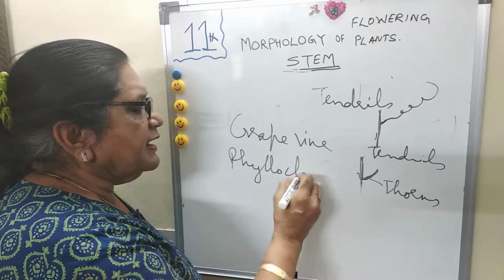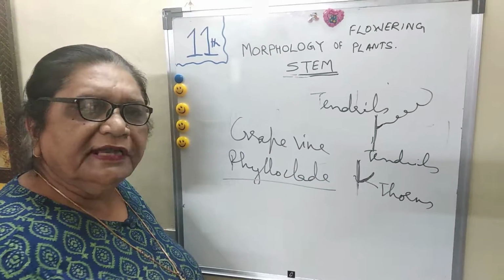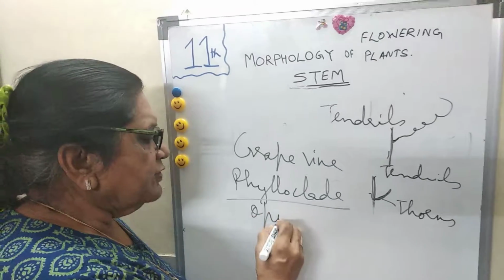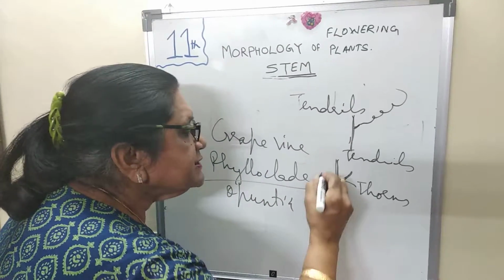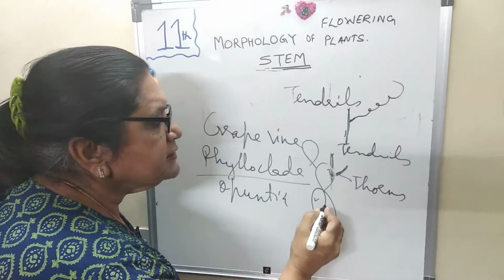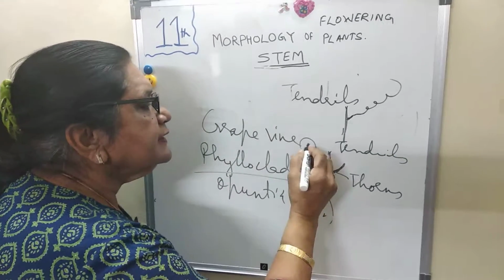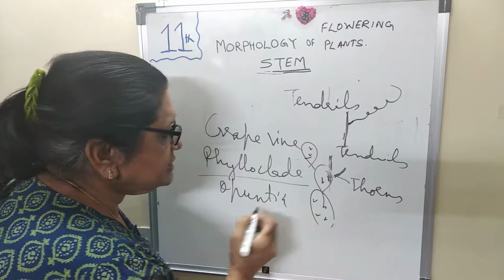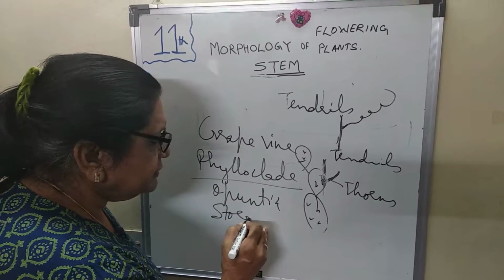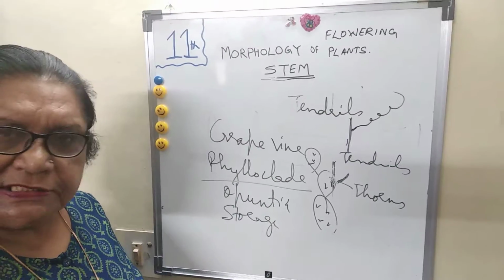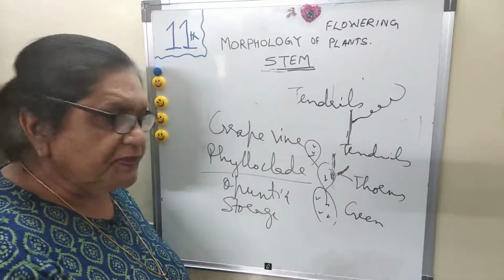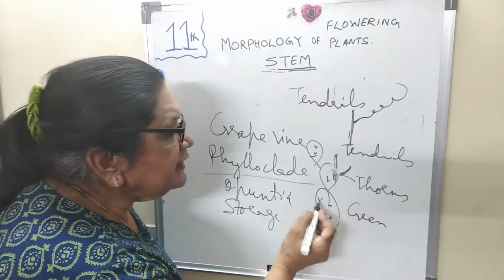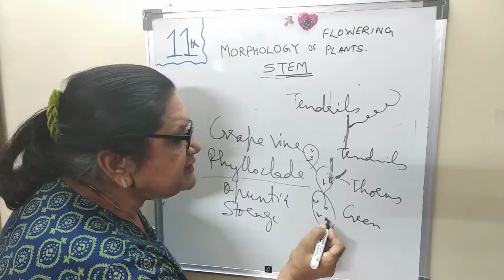Another modification: the stem can occur as phylloclade. Very common. You have already seen it in Opuntia. Opuntia is like this, and it stores food, is succulent, and is green in color. It means where the leaf has gone, the leaves are in the form of spines.